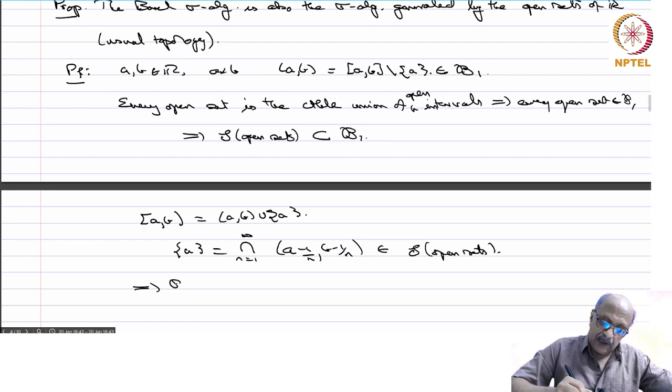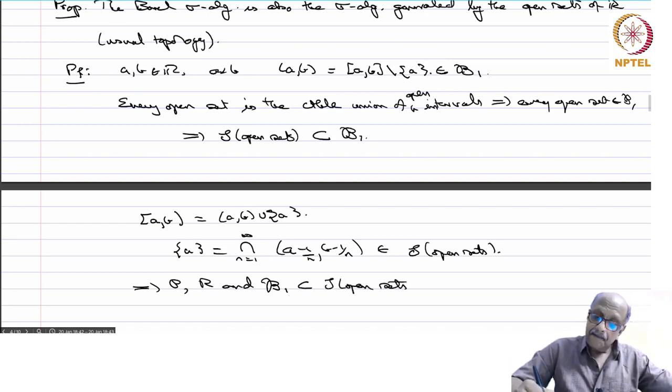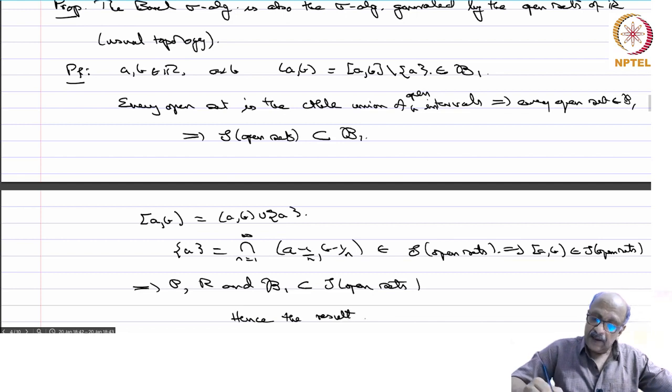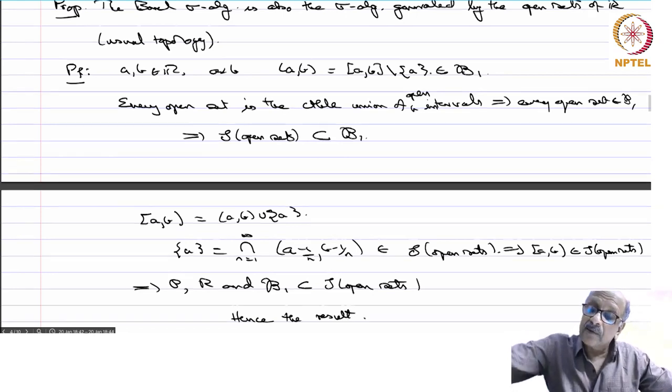So this implies that P and then R and B1 are contained in S of open sets. So this implies that (a,b] belongs to S of open sets. That means P and therefore R and therefore B1, they must all belong to this, and hence the result. We have both way inclusion, and therefore now we know the Borel sigma algebra is nothing but the thing.